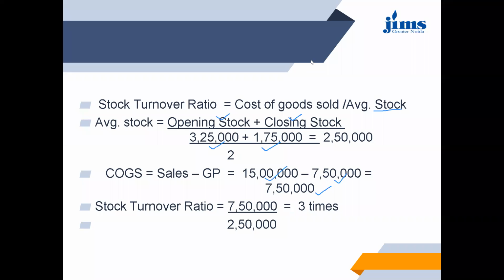So average stock will be 2,50,000. So we just have to put these values in the formula, that is cost of goods sold 7,50,000 upon average stock, that is 2,50,000. So for this firm, the stock turnover ratio is 3 times.